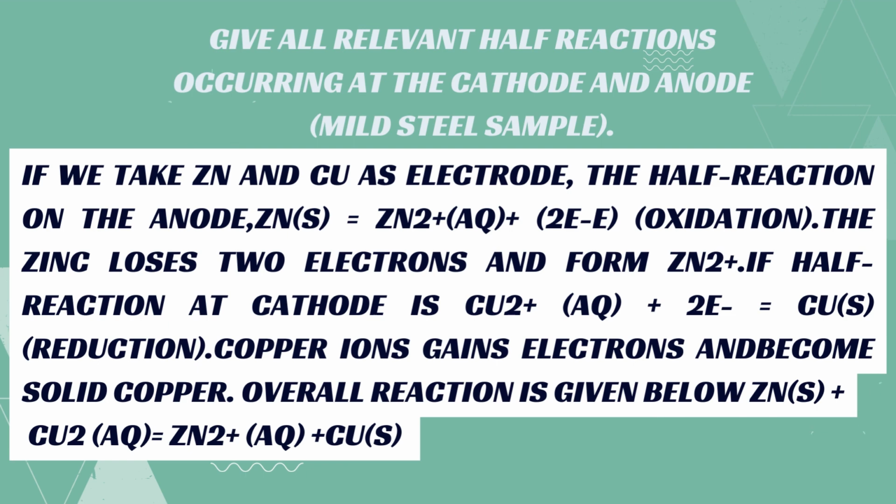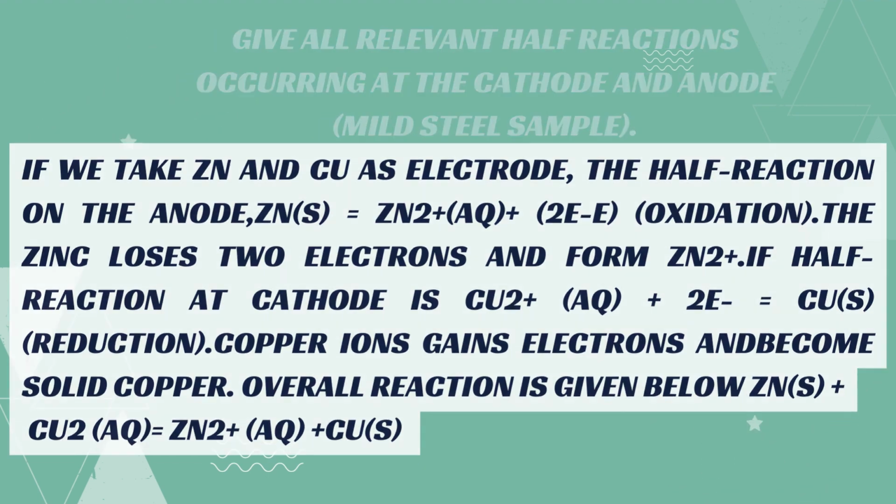The zinc loses 2 electrons and forms Zn2+. The reaction at the cathode is Cu2+(aq) + 2e- = Cu(s), reduction. Copper ions gain electrons and become solid copper. Overall, the reaction is given below: Zn(s) + Cu2+(aq) = Zn2+(aq) + Cu(s).